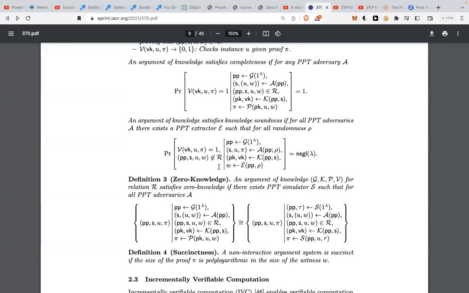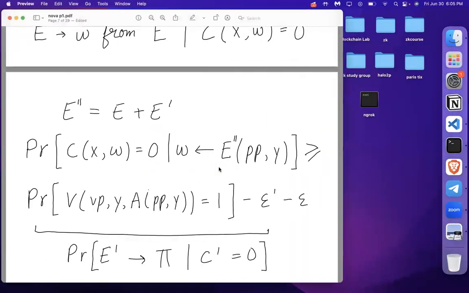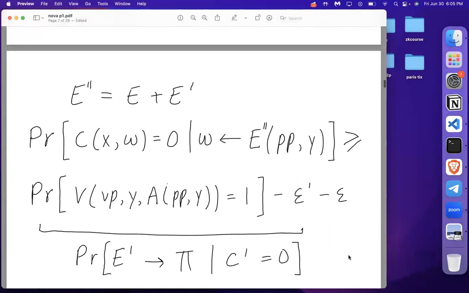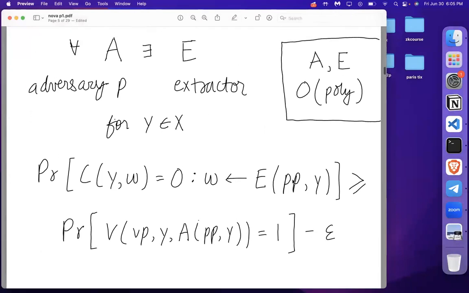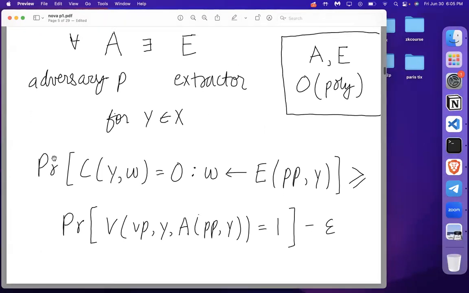Yeah, I think so. What's our problem? What's our question? So my question was in the knowledge soundness definition, we have this statement, right?